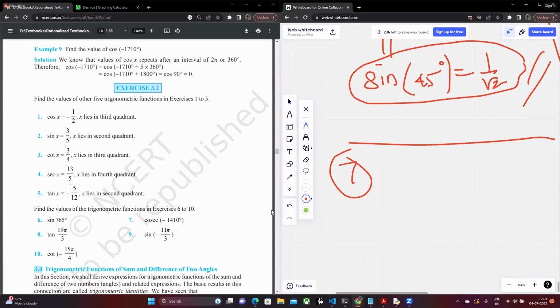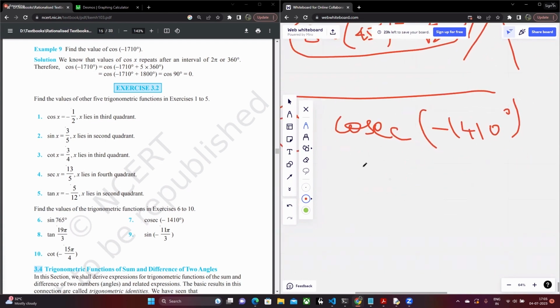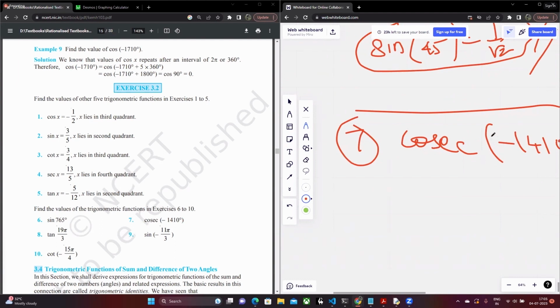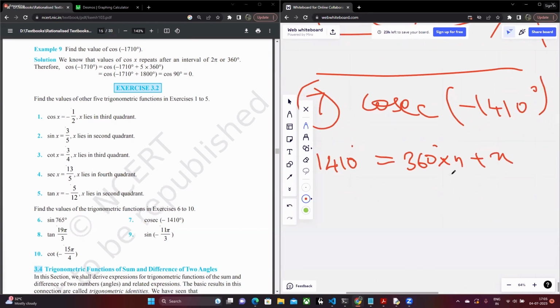Cosecant of minus 1410 degrees, right? Cosecant of minus 1410 degrees. Remember that, just ignore this minus for now. Separate 1410 as 360 into n plus x, right?